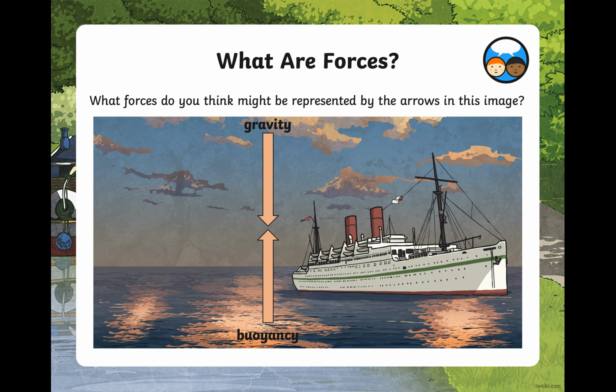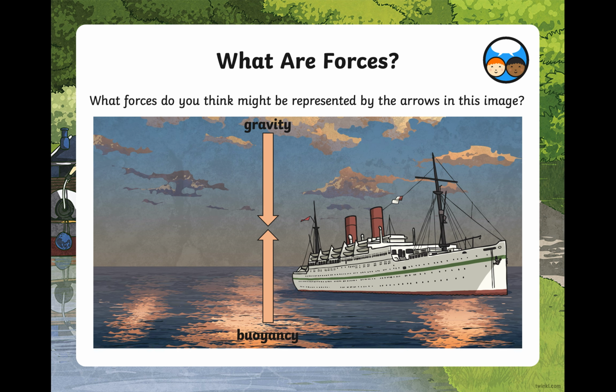So that's how the ship stays right there. Now, buoyancy is another type of force. If this ship is not moving, the water particles are lifting the boat up. That lift is called buoyancy.